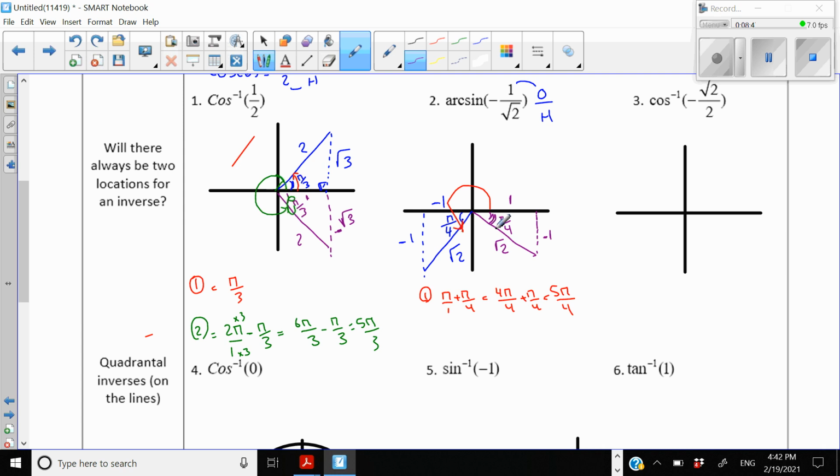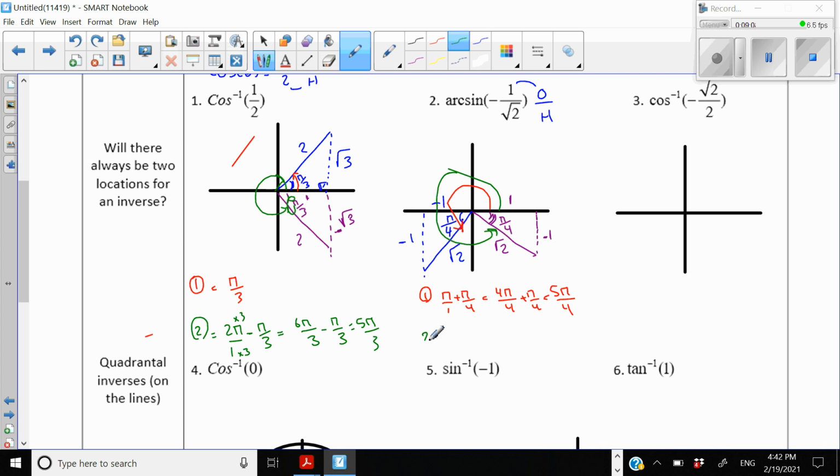Okay, now again, I found my reference angle. Now I can find my original angle. Start from the positive side of the x-axis, and then go this way and stop at this point. So what is the measure of the angle from here to this point?